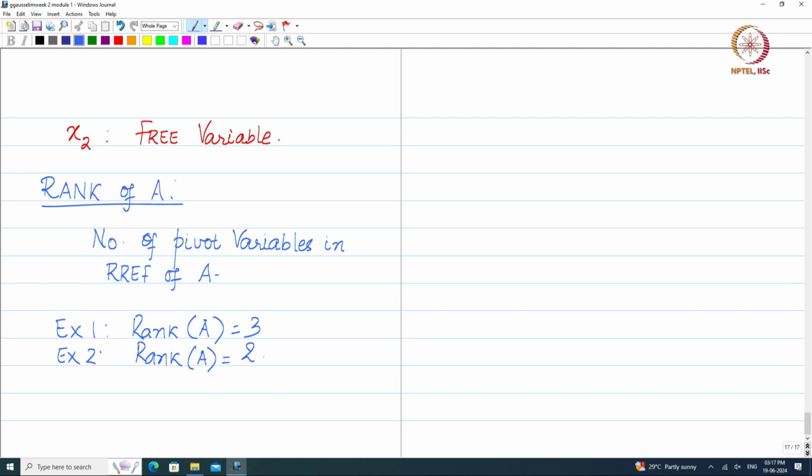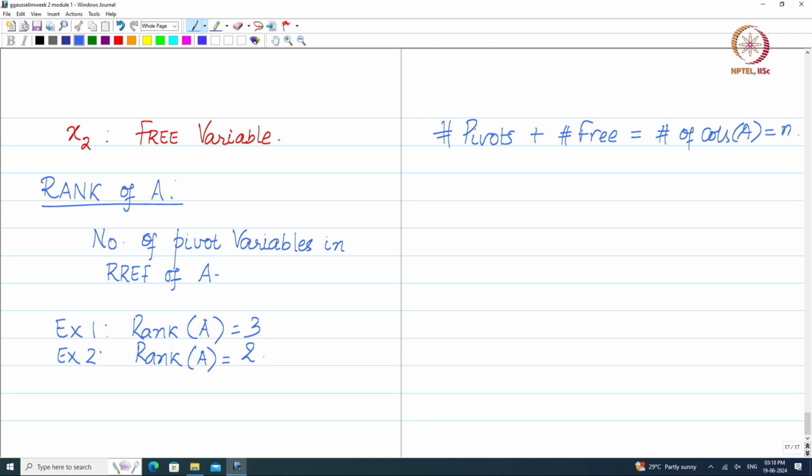Finally, we can write: number of pivot variables plus number of free variables is equal to number of columns in A. Later we will see the rank nullity theorem, which is another way of stating the above result. Existence of free variables implies infinitely many solutions.